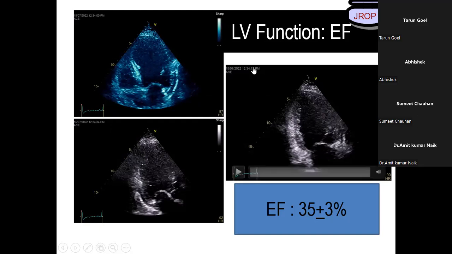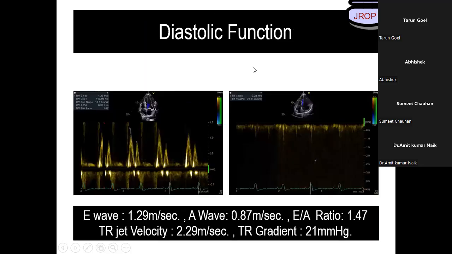So this is reduced ejection fraction, Neha. I want you to calculate diastolic function for this reduced ejection fraction. You have all the velocities: E wave 129, A wave 87, ratio 1.47, TR jet velocity 2.29, TR gradient 21.